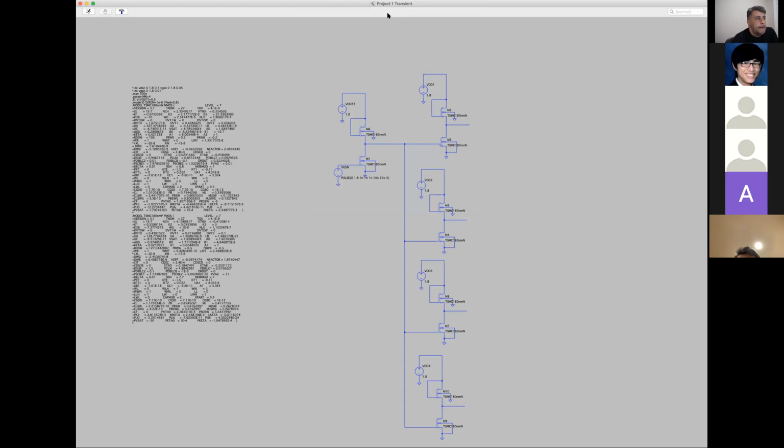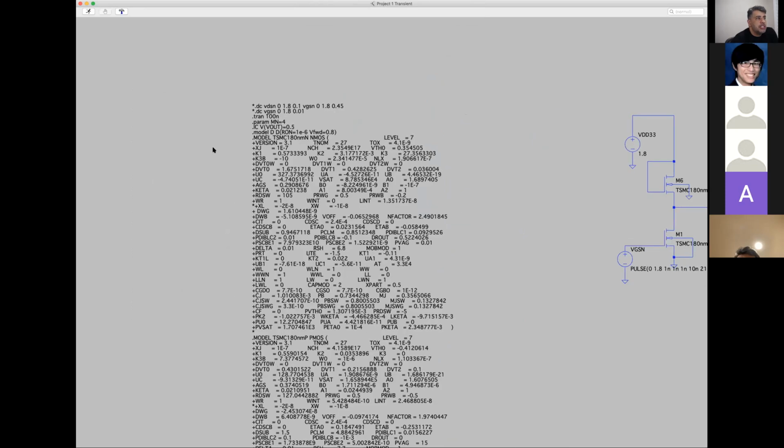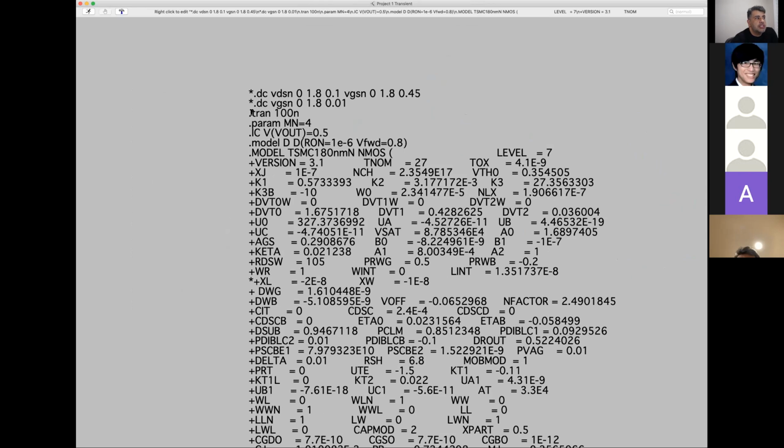Oh yeah. Okay, and then the second thing you need for a transient simulation is the dot statement that tells it what to do. So you have to do a .tran statement. This tells SPICE to do a transient simulation. In this case, I just say 100 nanoseconds.